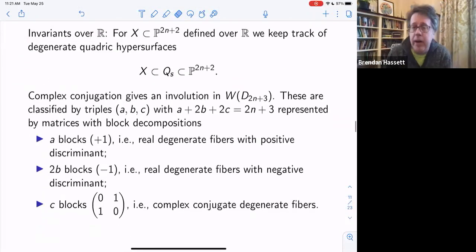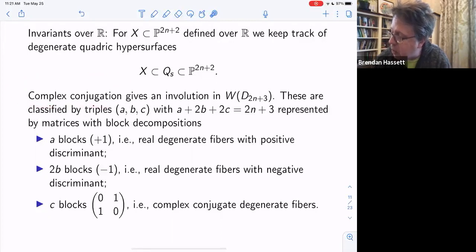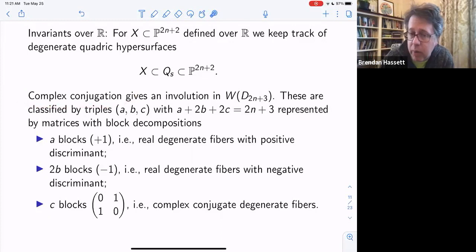The last thing I want to point out is that when we're working over R, we want to keep track of the various degenerate quadratic hypersurfaces that contain our complete intersection. I can interpret complex conjugation as corresponding to an involution in the root system. These are characterized by triples of numbers read off in the block decomposition of the corresponding representatives.